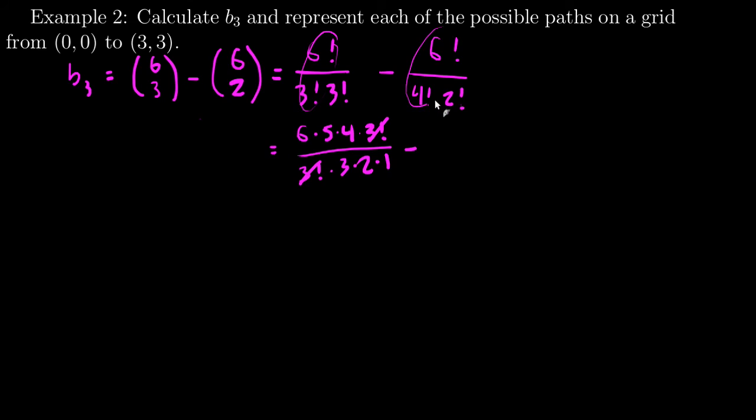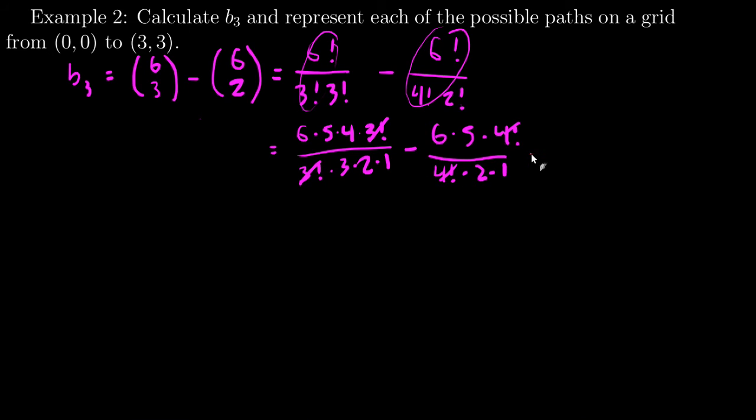Minus, this 6 and this 4 are going to reduce down. 6 is 2 bigger than 4, so I have 6 times 5, and then I get the 4 factorial, because 6 times 5 times 4 times 3 times 2 times 1. This 4 factorial is going to cancel out, times 2 times 1.